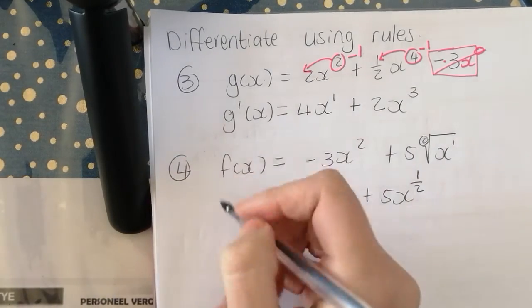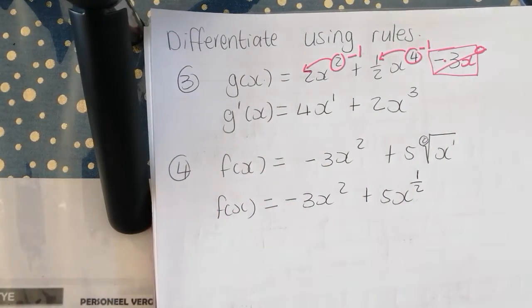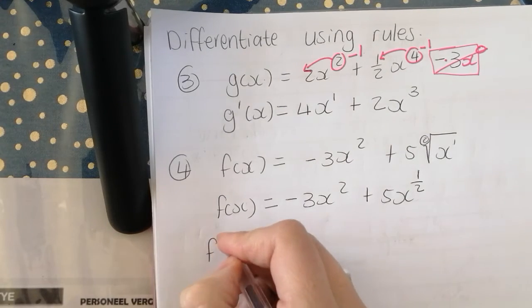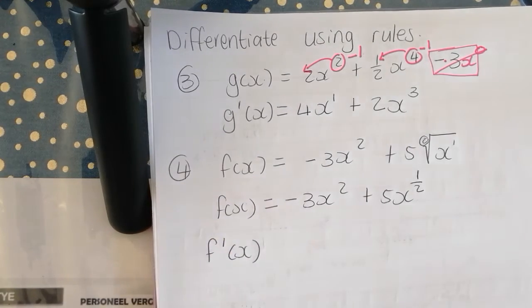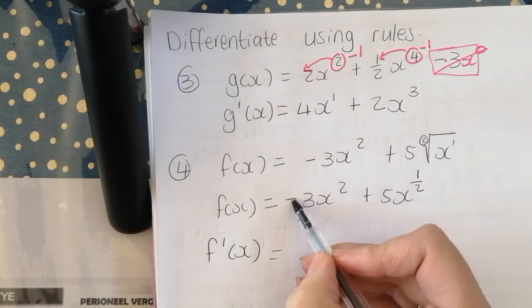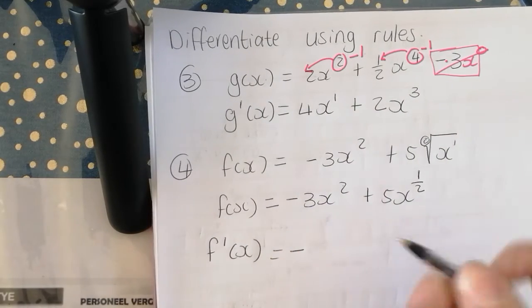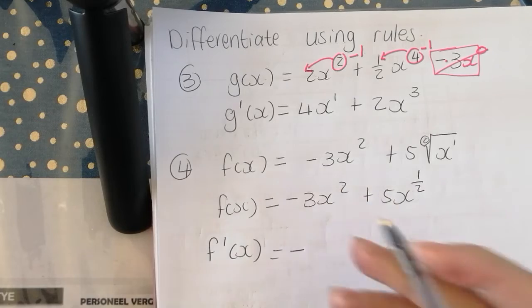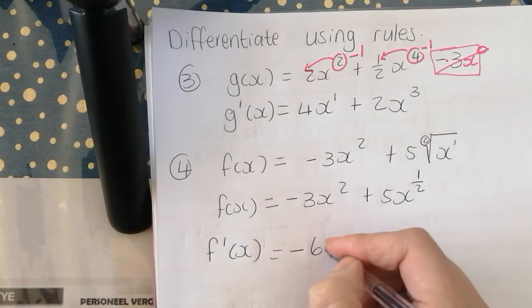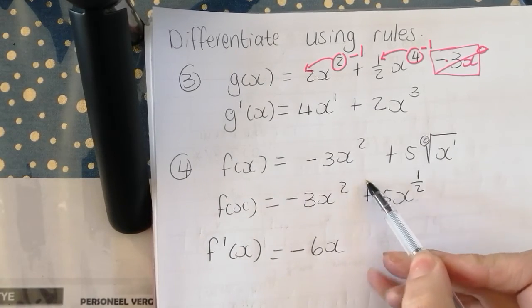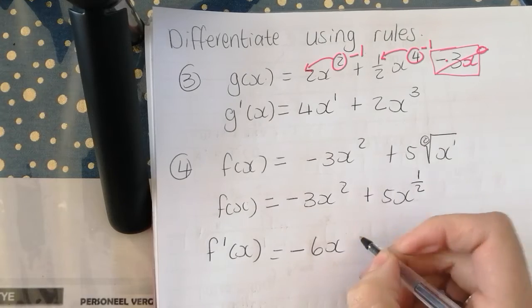Okay, so this is just my function. Now I want to calculate the derivative. So the derivative of x is going to be, a negative times by a positive is a negative still, 3 times by 2 is 6. x to the power of 2 minus 1 is 1.